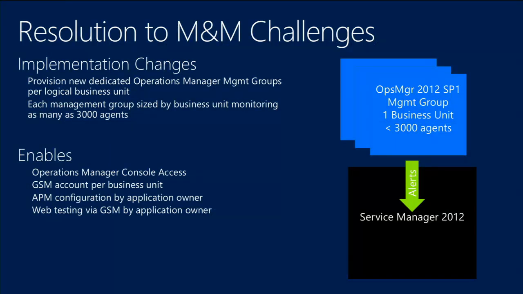So we have as many as 3,000 agents reporting to a single dedicated instance, and they now have console access to their management groups. They have a GSM account per management group, and all of them can take advantage of things like APM and GSM now. So this is how we've gone about changing our implementation to be able to take advantage of some of these great features.